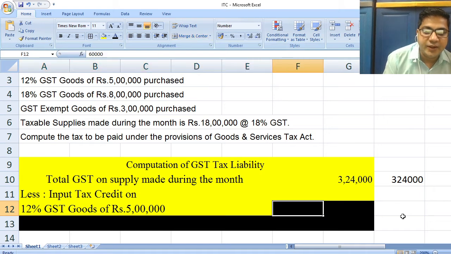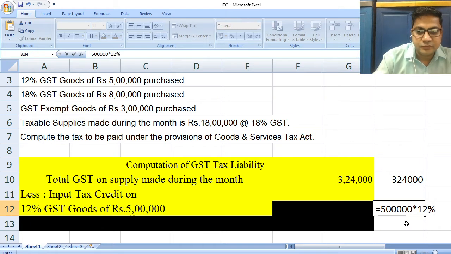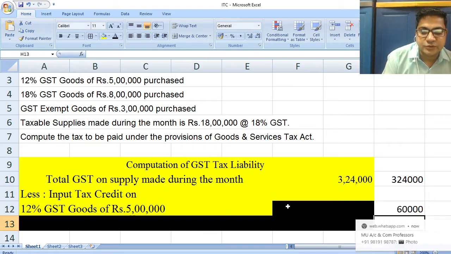So on 5 lakh, 12% value is rupees 60,000.